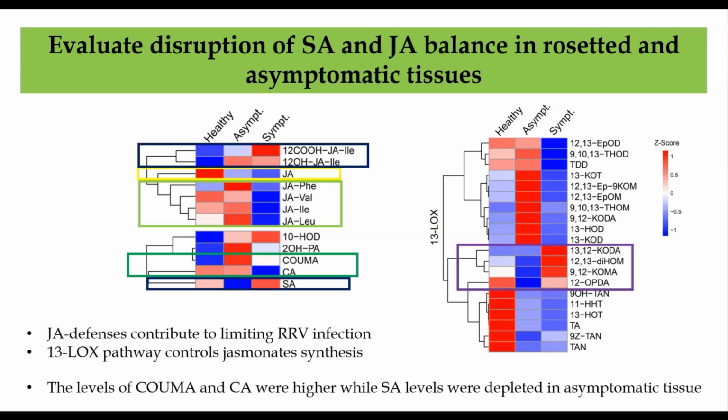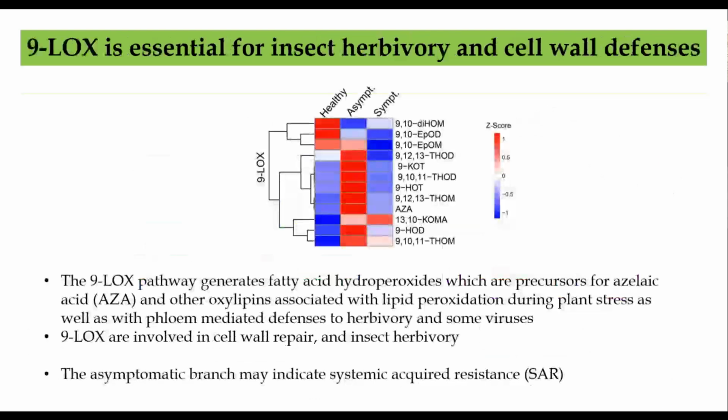Okay, we talked about it. We also looked at 9-LOX metabolites, which are also in the alpha-linolenic acid pathway. 9-LOX metabolites are known for insect herbivory and cell wall defense.